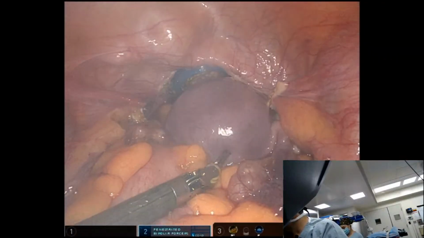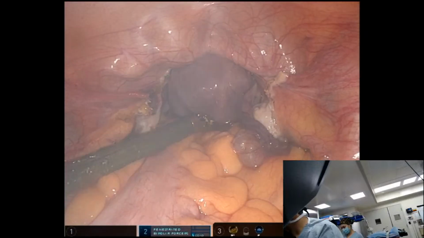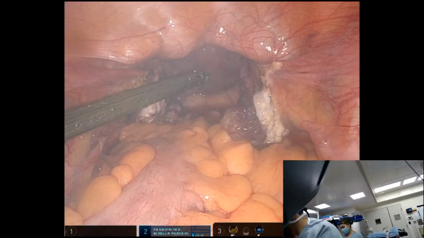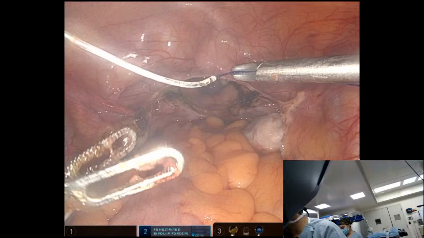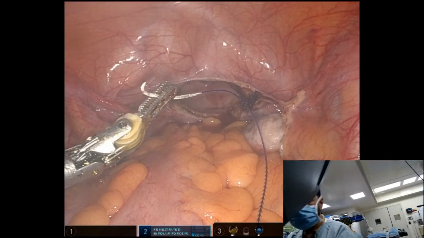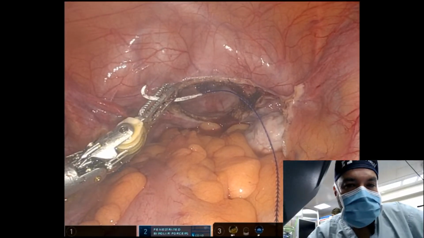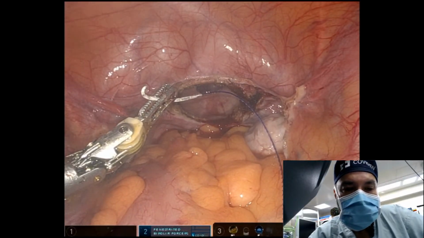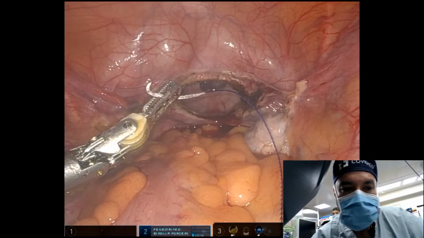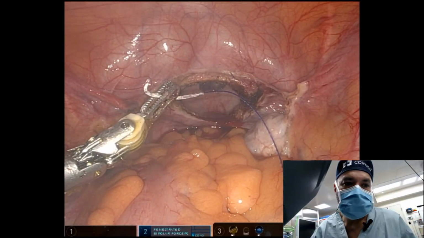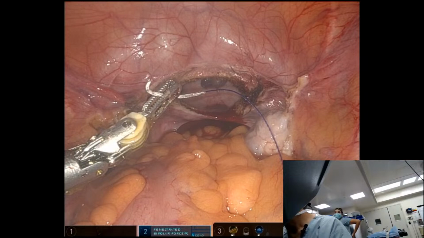Suture. Now the next step is to suture the colpotomy, the vaginal cuff. We use two sutures, Stratafix. It's an absorbable barbed suture.